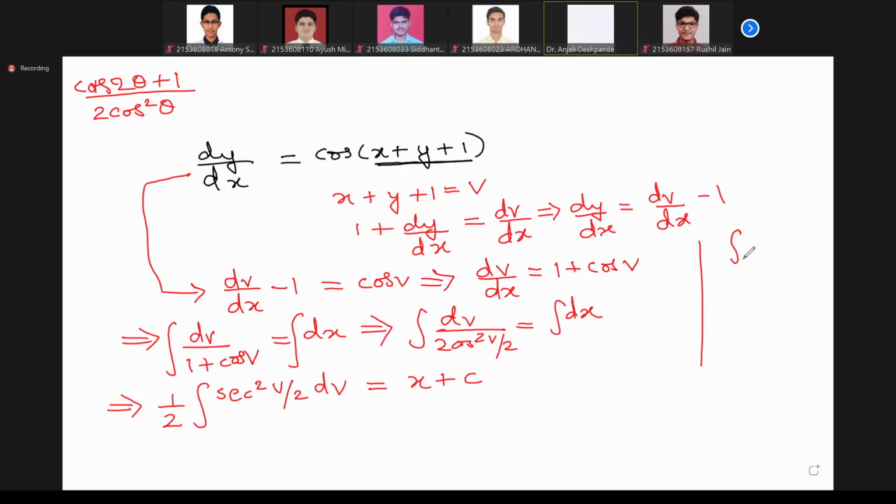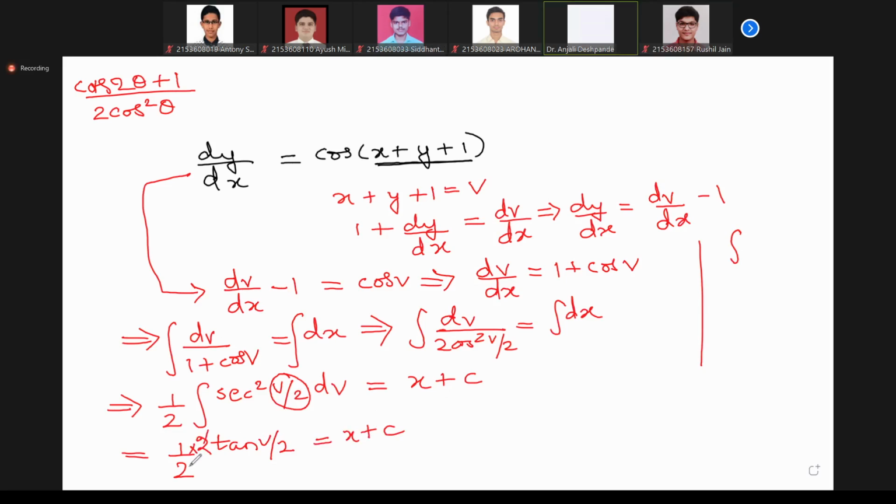Derivative of v by 2 is 1 by 2, so dividing by 1 by 2 means multiplying by 2. So it is going to be like this: 1/2 into 2 tan v by 2 is equal to x plus c. So tan v by 2 is equal to x plus c.